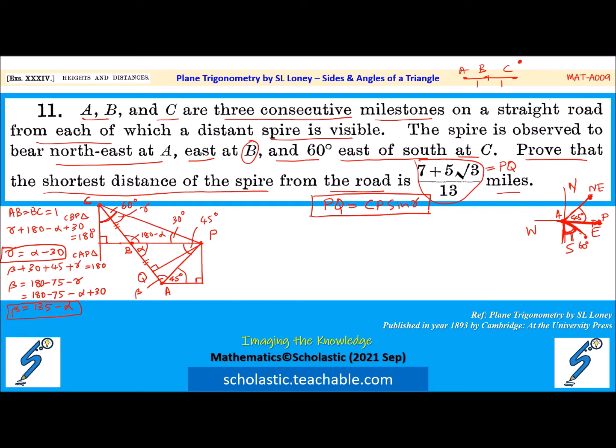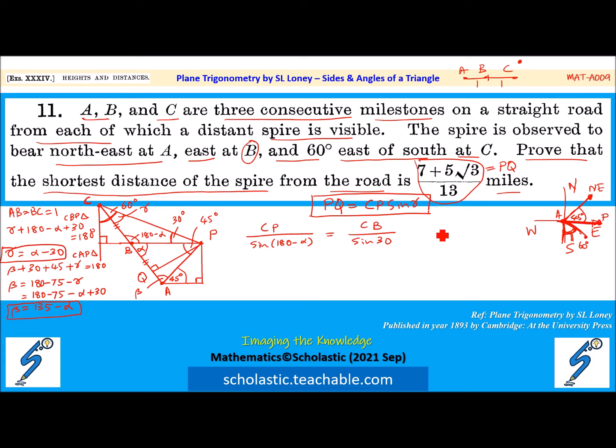Okay, so now we need to relate this to distances. From the sine rule, CP divided by the sine of this angle is equal to BC divided by the sine of this angle. So CP over sine of 180 minus alpha is equal to CB divided by sine of 30, this angle here.